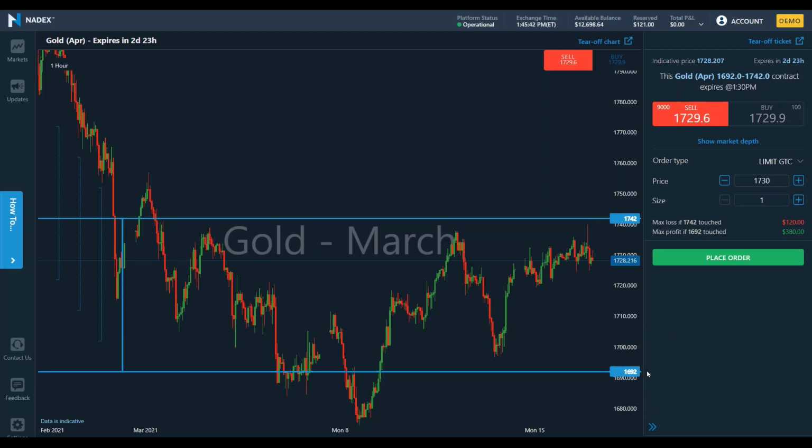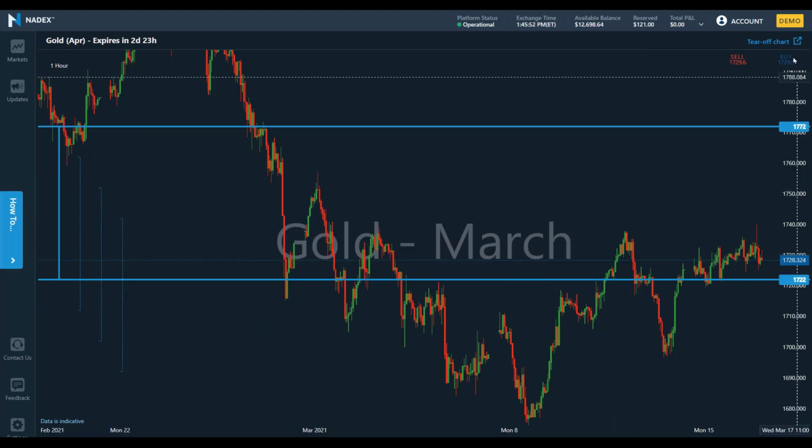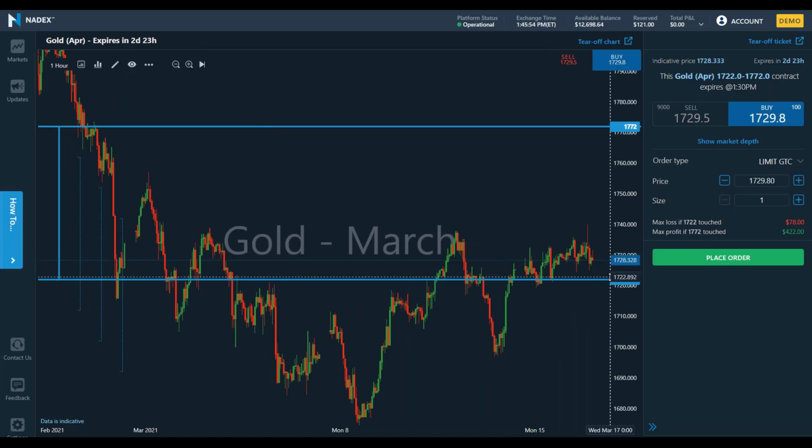Now, if I were looking to buy a knockout, I might want the one with the highest floor. If I clicked buy, let's just put in 1729. Let's just say I wanted to buy one below.